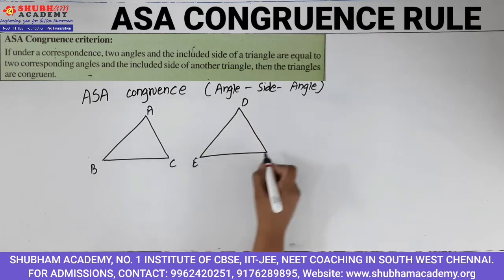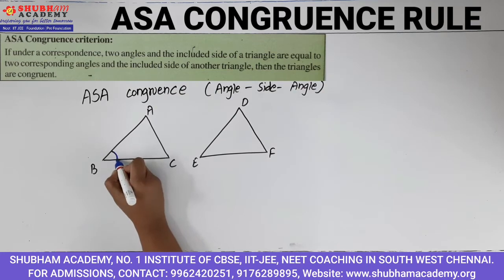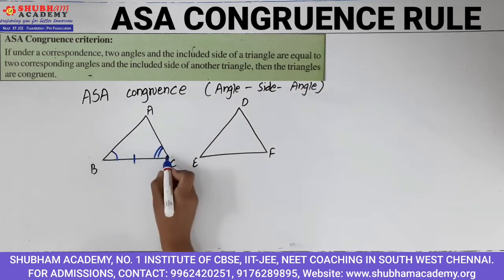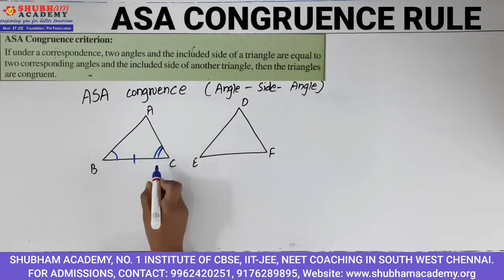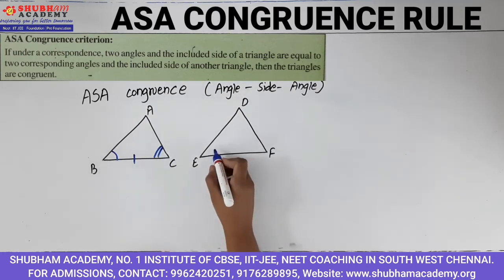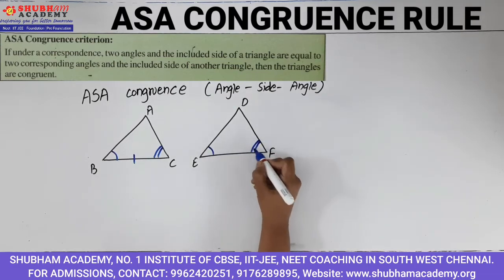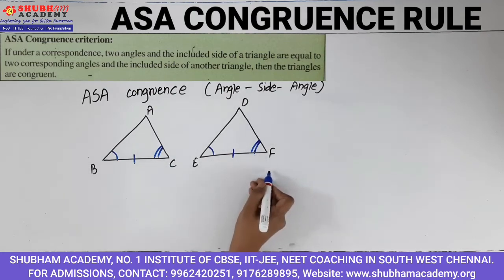That's why I am drawing two triangles ABC and DEF, and as per angle side angle congruence rule, symbolically it means in this way: two angles and the side included between the two angles, which correspond to two corresponding angles and the side included for another triangle.